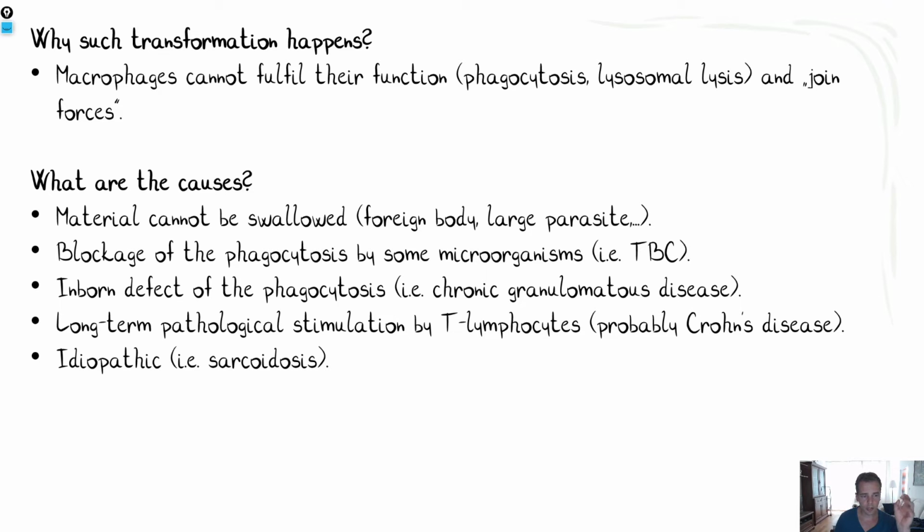So, for example, there can be long-term pathological stimulation, overstimulation by Th1 lymphocytes, and the macrophages are driven to hyperfunction. Probably this is one of the mechanisms of how Crohn's disease develops. And some granulomatous diseases are idiopathic. We don't know what the cause is.